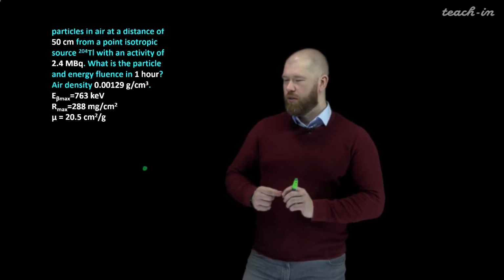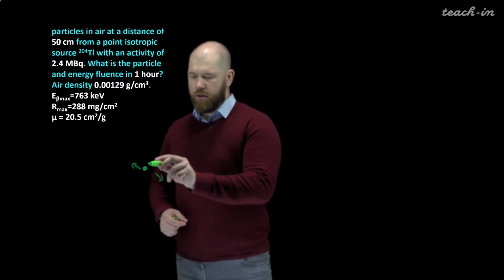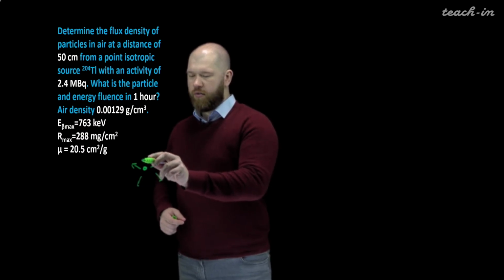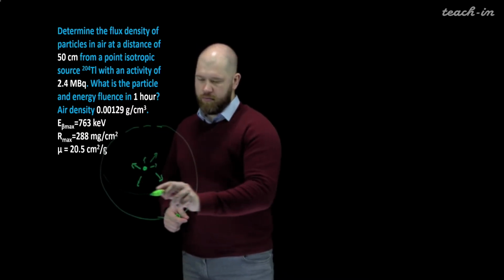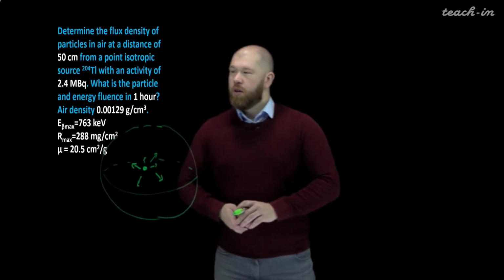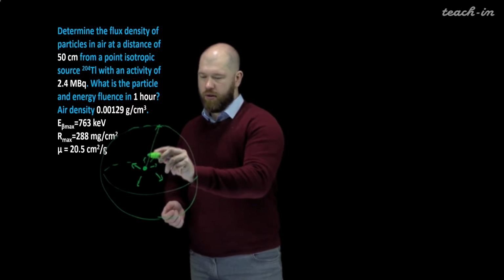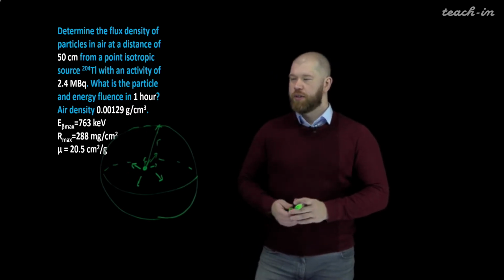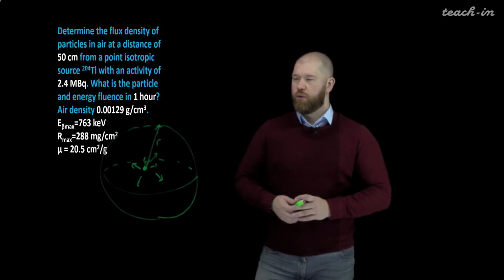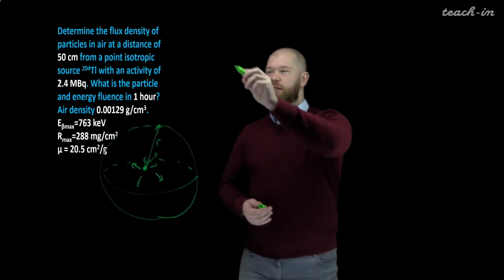It's not just a linear ray, but irradiation goes in all directions, and thus it forms a sphere with the radius that is equal to our distance from our point source to our observer or to our detector or to whatever.